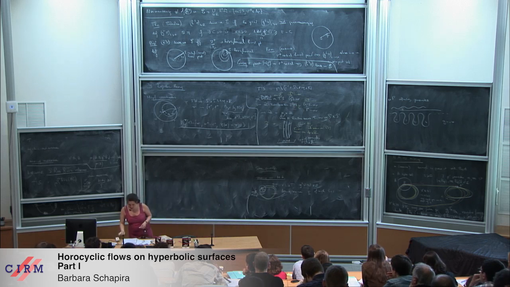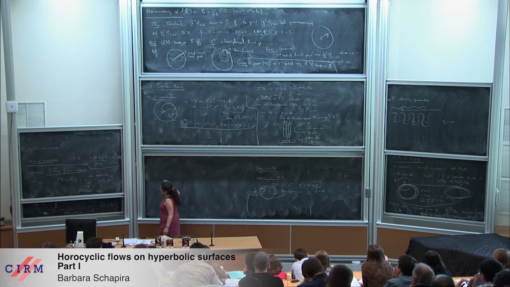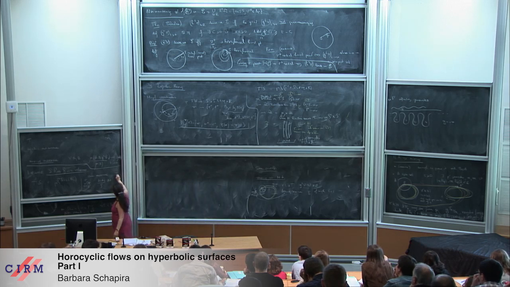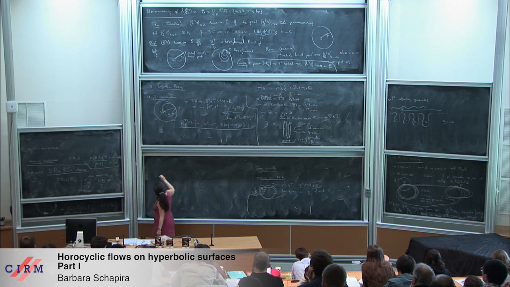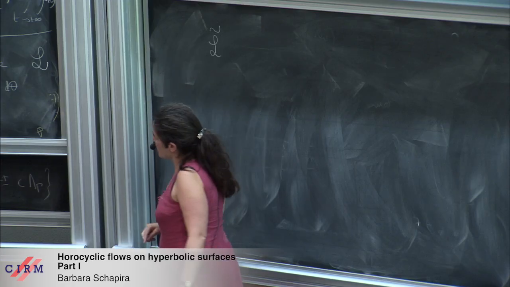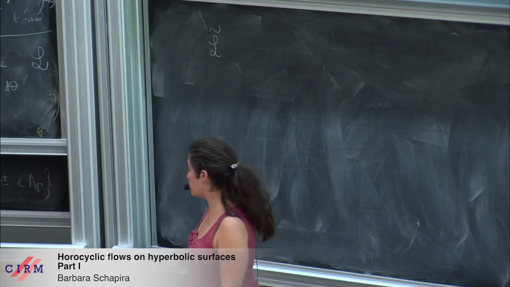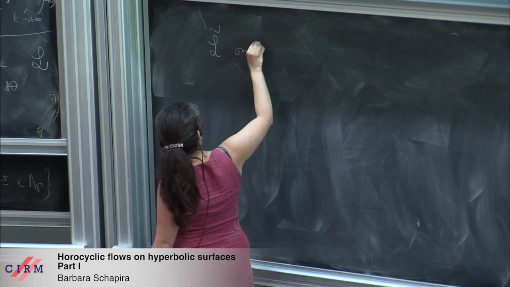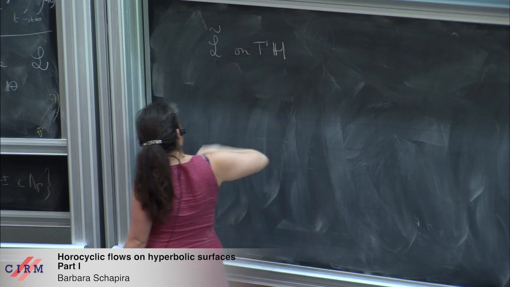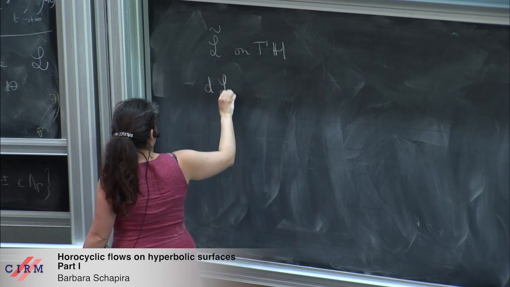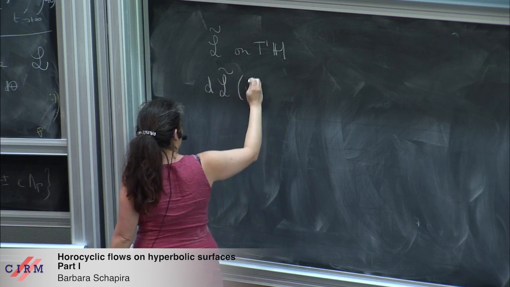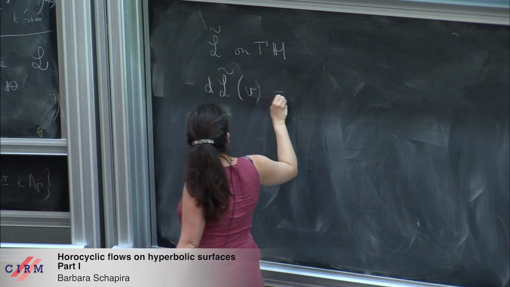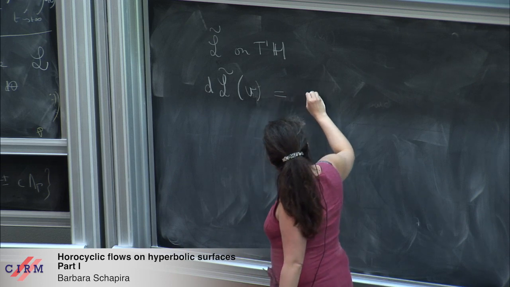Okay. The very important point from the point of view of Hopf coordinates is that this measure, I will call it L, like Liouville or Lebesgue, not R. If you look at L tilde on the unit tangent bundle of the hyperbolic plane, locally it can be written as a product measure.